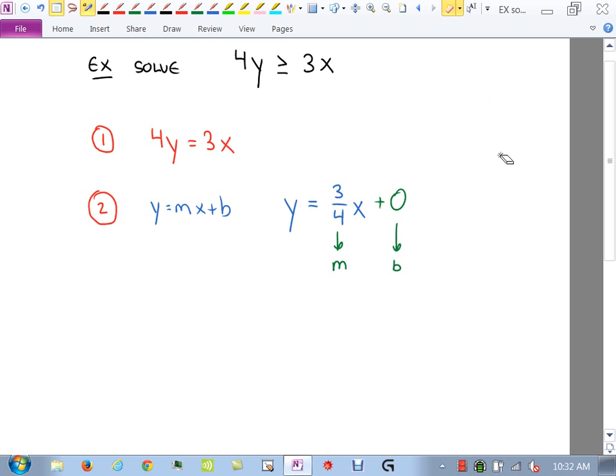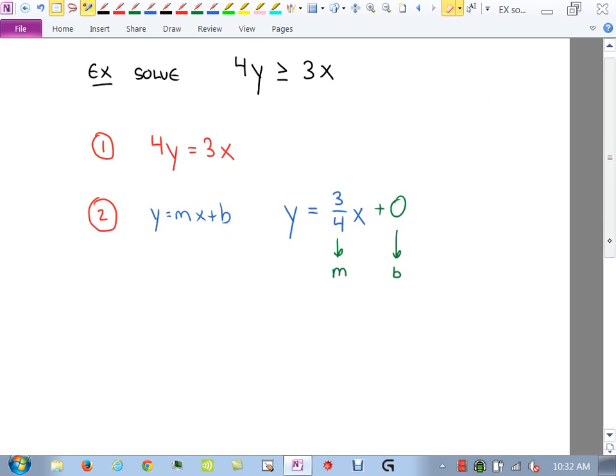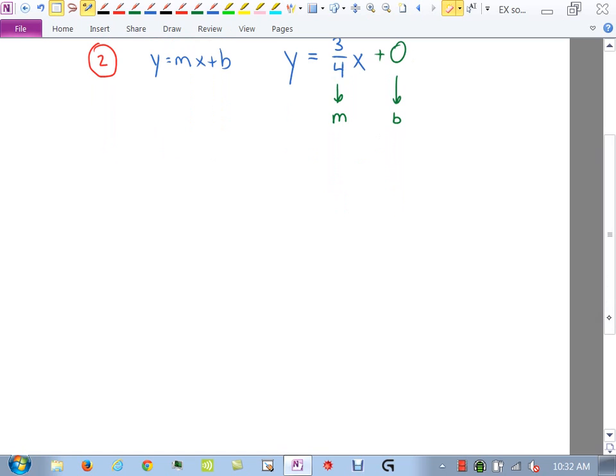Okay, you ready for me to draw? Am I about to draw a solid or dashed line? Solid line. It's going to start at a y-intercept of what? It's my third step. It's going to be a y-intercept of 0, and then to get to another point, I do what? Rise 3, to the right 4 here.